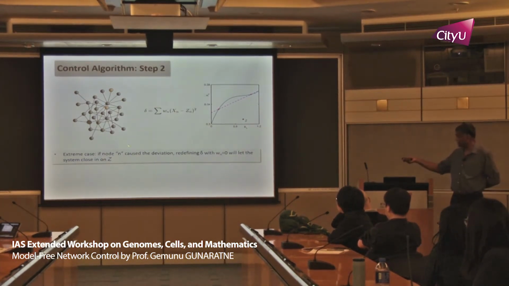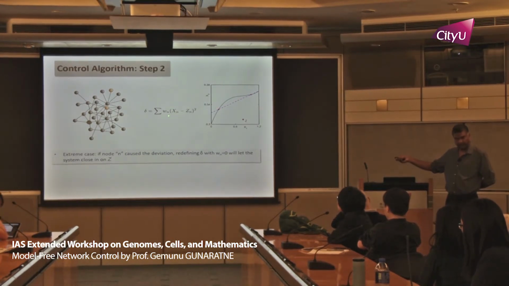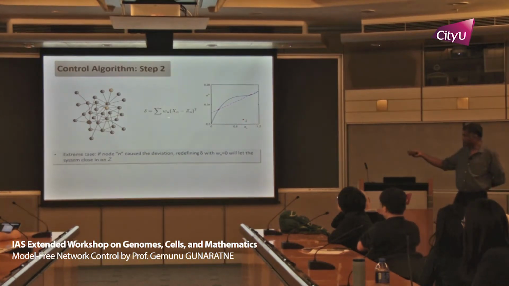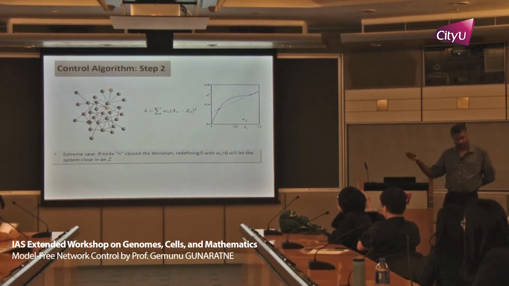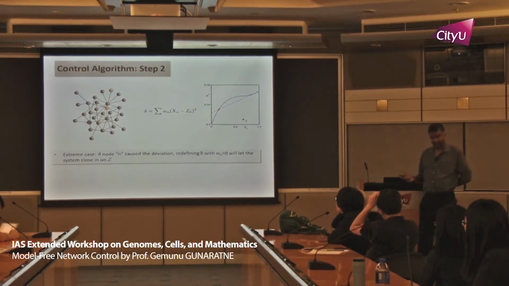So in the extreme case that there was this one gene which was making the problem, all I needed to have done was to set the weight of that gene to 0 in this distance measurement, and I would know that I can bring everything else close to the target state.